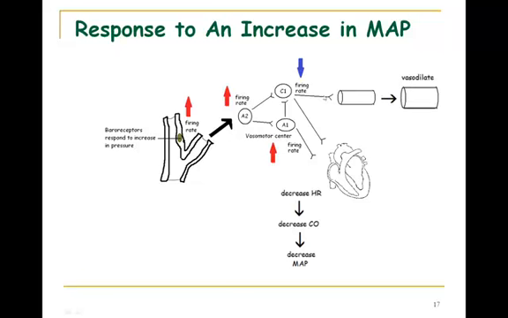It, remember, innervates blood vessels. These are your sympathetics. But here, we're decreasing the firing from the sympathetics to the blood vessels. So the smooth muscle is going to relax and vessels will dilate. If blood vessels dilate, resistance will decrease. If resistance decreases, that will also serve to decrease your mean arterial pressure.